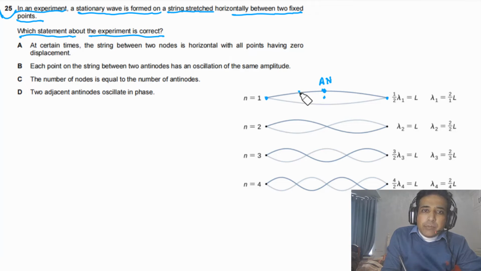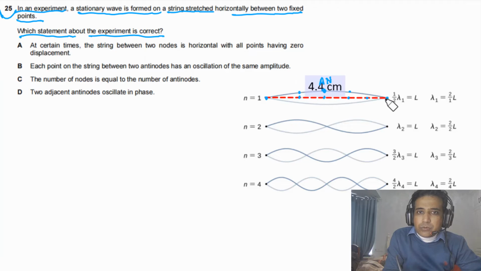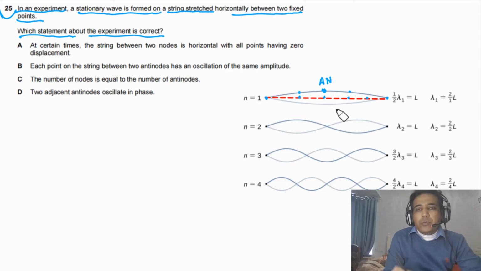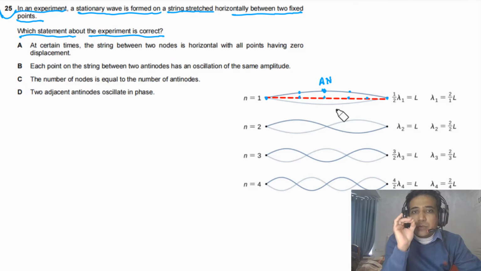If I take another particle on this string, after time T/4 this particle also will be on this horizontal line, and so on. If we draw one horizontal line here, after time T/4 we will see all the particles on this horizontal line. So this is only for one loop.